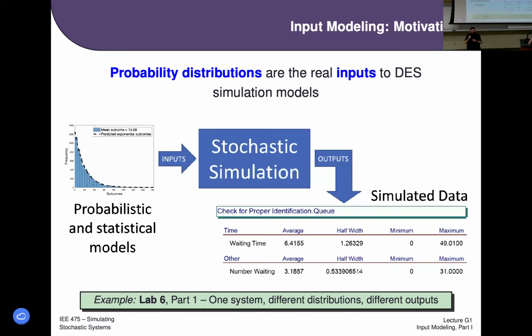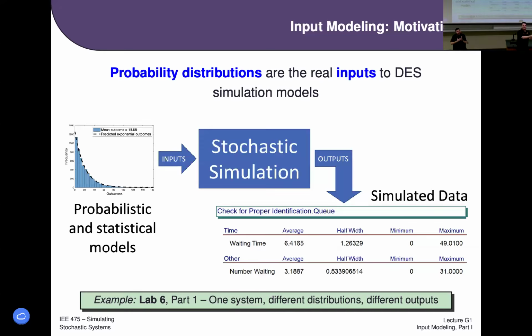But if your boss says, we want to make sure the waiting time is less than 7, well, 7 is within this interval, so the waiting time might be less than 7 or might not be. So we get variation out, and that variation came from our variation in the arrivals. If you just had a constant arrival rate, you wouldn't have the variation here. This half width would be 0. Every replication would be exactly the same.